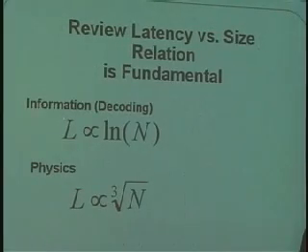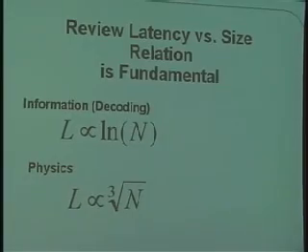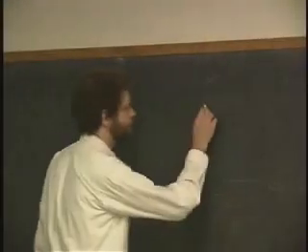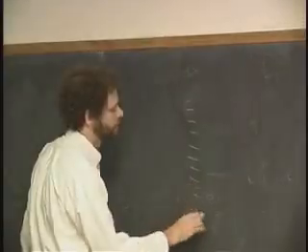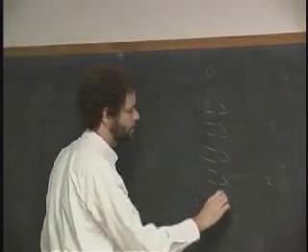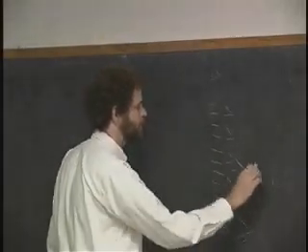There are also other problems as well. First of all, we talked about decoding. Remember I said if I wanted to decode a particular student from this group, I could build a logarithmic tree which branched by a factor of 2 every time until I finally found the student that I wanted. Another way of saying this is, let's say that I have a bunch of bits here that I want to choose one of. The way to do that with a scalable amount of hardware is to build a decoding tree like this.